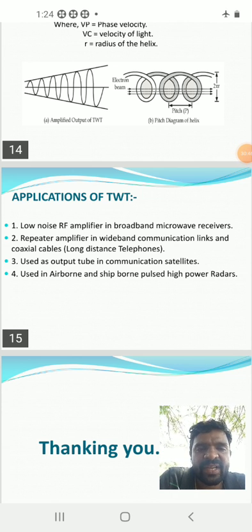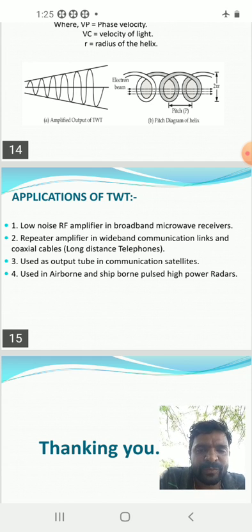Applications of traveling wave tube. Low noise RF amplifier in broadband microwave receivers. Repeater amplifiers in wideband communication links and coaxial cables for long distance telephones. These traveling wave tubes are used as output tubes in communication satellites.